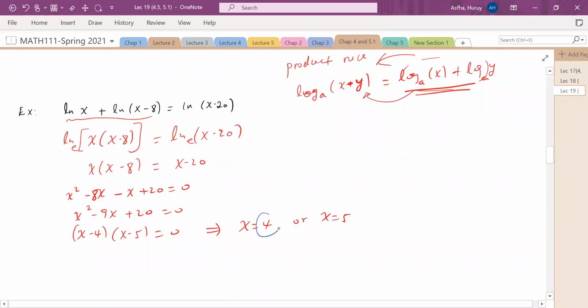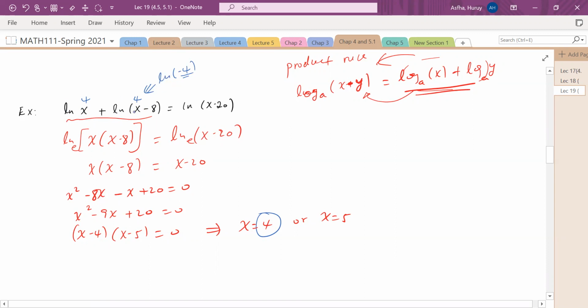Let's start with 4. If we plug 4 in here, what do we get? ln 4. Okay, that's fine. It's defined. How about ln (4 minus 8)? This becomes ln of negative 4. Well, negative 4 is not in the domain of a logarithmic function.